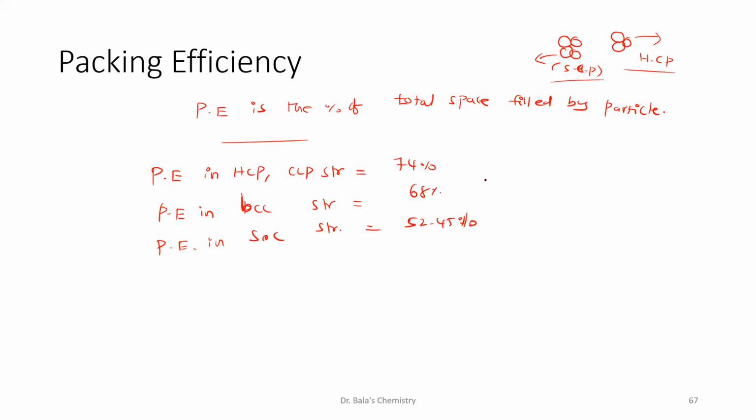The lesser efficiency is there because for HCP or CCP lattice we use a face centered unit cell, right? Here, the BCC unit cell has only 2 atoms. Here 4 atoms. Here only 1 atom. So the number of atoms per unit cell decreases, the density decreases, and that's why the percentage of filling also decreases.